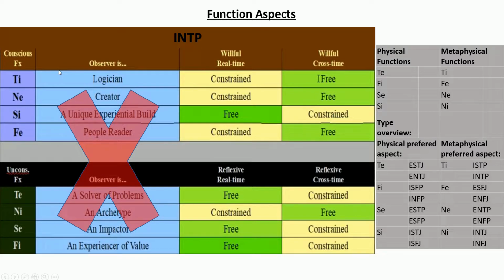And in an INTP, we'll take a look at which functions work here. So actually, I need to point out that whichever type you are, your dominant function will determine which aspect of every single function you prefer. So in an INTP, TI is metaphysical.